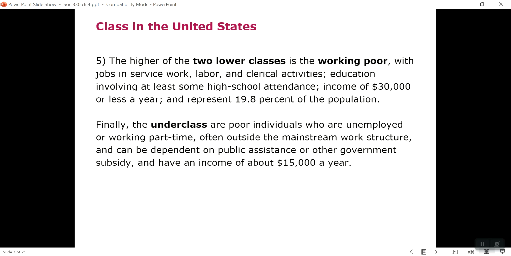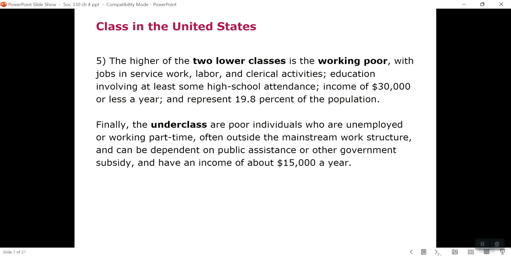They're cleaning office buildings, cleaning hotel rooms, working construction, they may be engaged in some lower level clerical work, maybe a receptionist versus somebody who's, say, a paralegal, who would be in the middle class. And they often don't have a high school diploma or certificate, although they may, but typically they don't have one.